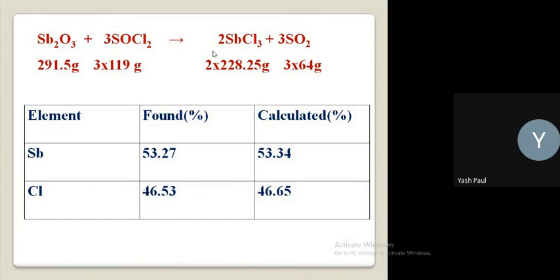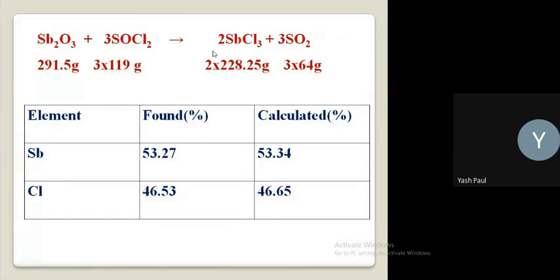Stir the reaction mixture for 30 or 45 minutes. Once evolution of sulfur dioxide has stopped, remove the solvent, that is SOCl2, which is acting as a solvent as well as a reagent here. Dry the compound and you will get crystals of antimony trichloride.